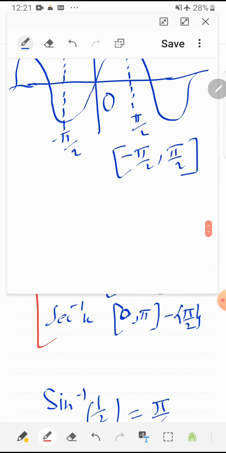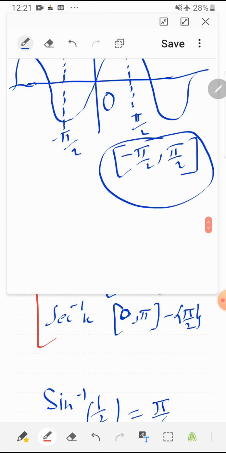That means this portion of the domain can be called the restricted domain of sine, where all the values of the range are counted and counted only once. So this is called the restricted domain of sine.